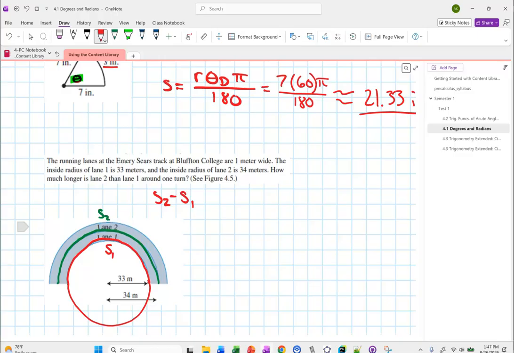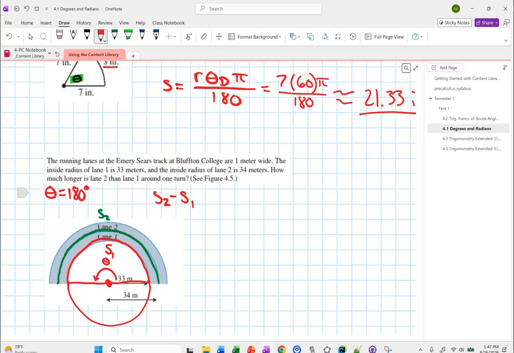Agreed? Okay. So if I were to draw the center of the circle, it looks like it'd be right there, and this angle here would be the theta. Everybody agree? How many degrees is that theta? 180. Okay.